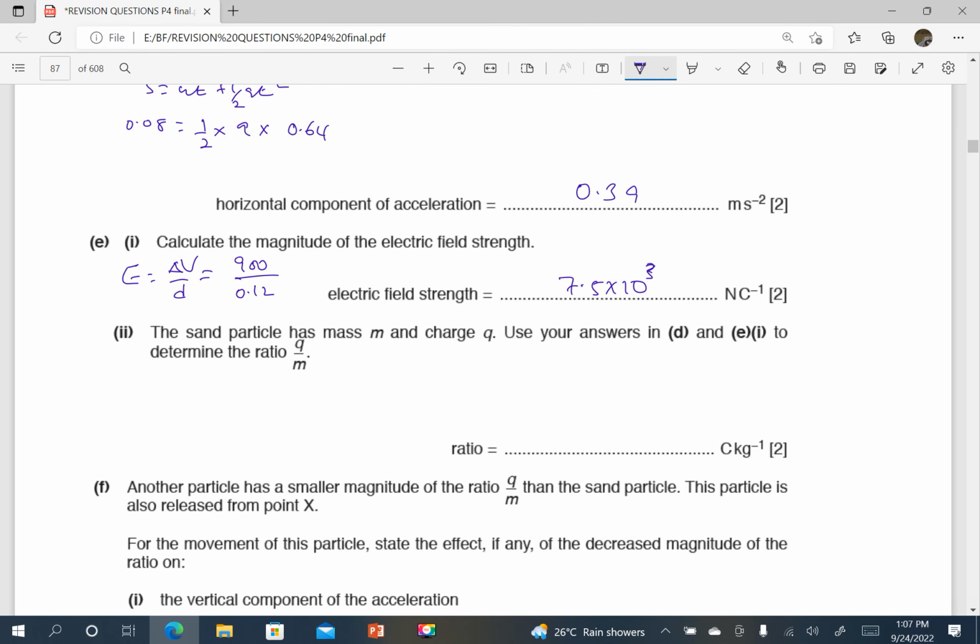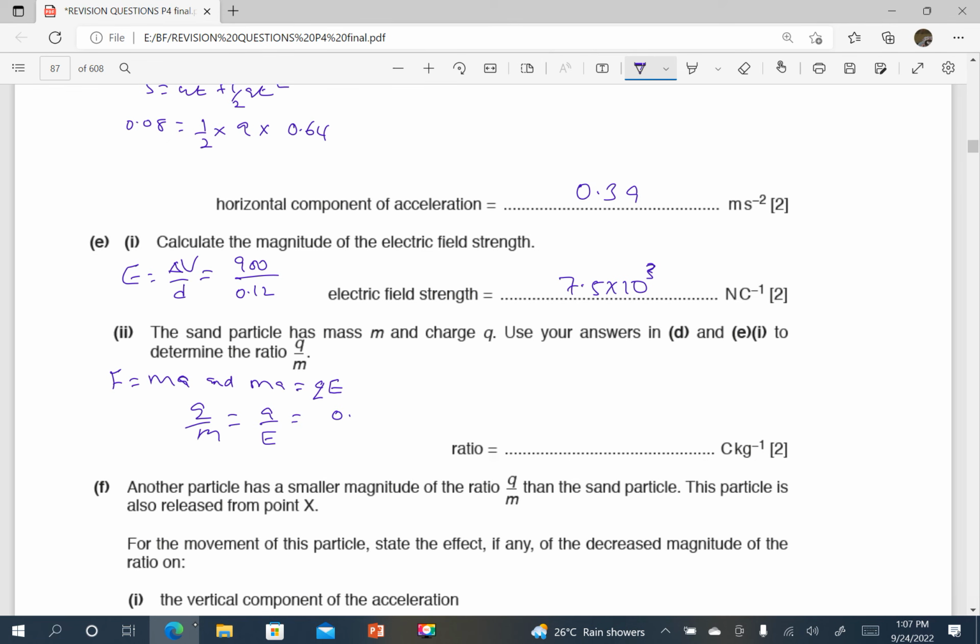The sand particle has mass m and charge q. Use your answers in D and E to determine the ratio q over m. We know that the force is mass times acceleration. That's number one. And this will be the same as charge times electric field strength. So we want q over m. This will be equal to acceleration over electric field strength.